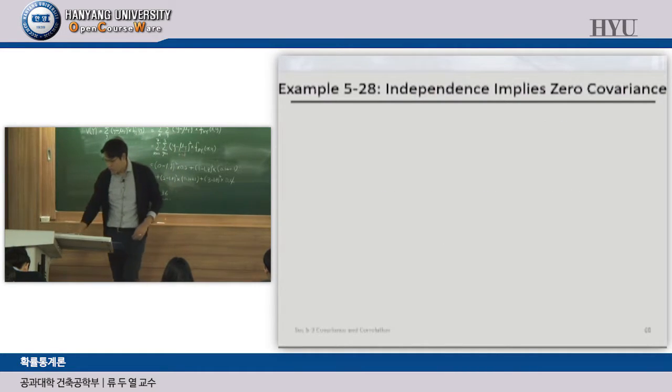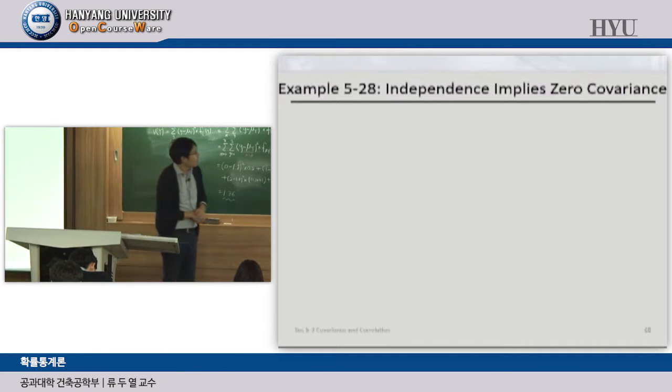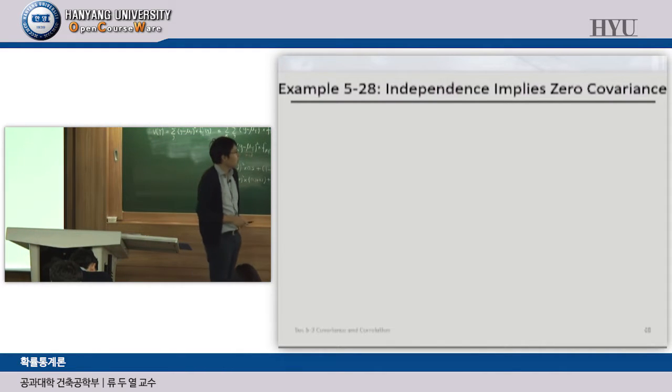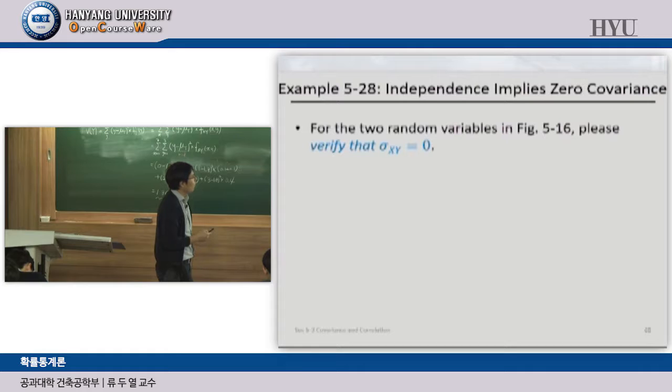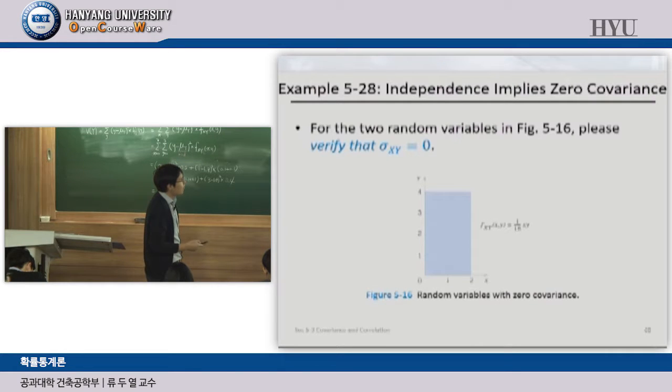And this is the example. Example 5-28, independence implies zero covariance. For the two random variables, as shown in the following figure 5-16, as you can see here, please verify that in this case, the sigma xy is equal to 0. Okay? We have two different random variables, x and y, and they are continuous random variables.